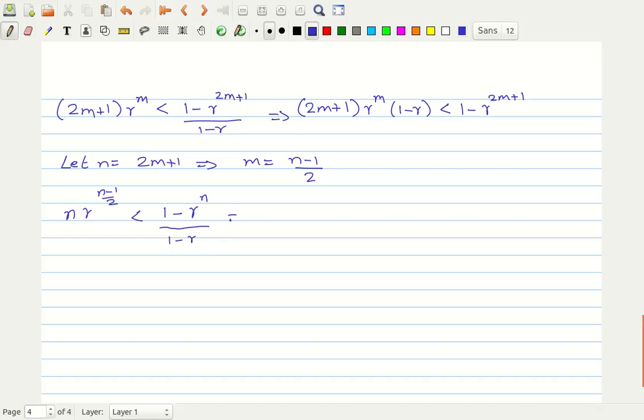And now this means that n times r to the power, I have to get r to the power n over here, so let me say that this is r to the power n.